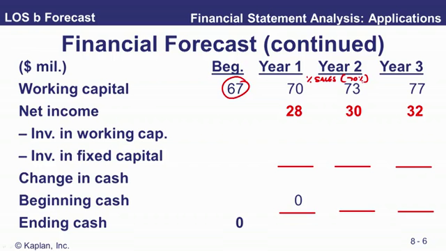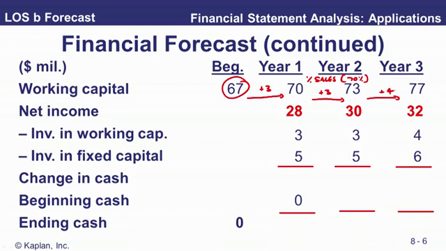Notice therefore that the investment in working capital is going to be the change. So plus 3, plus 3, plus 4. Let's have a look at that. There we go, 3, 3, and 4.